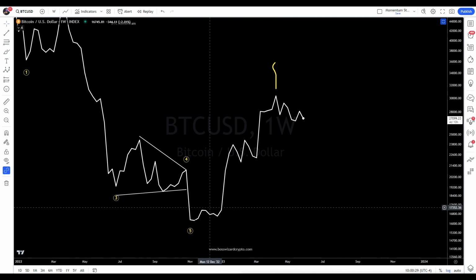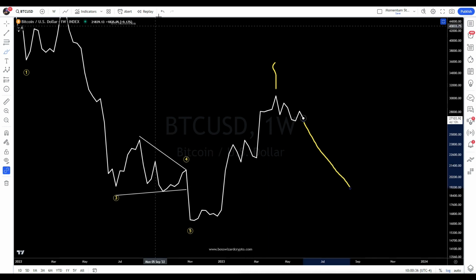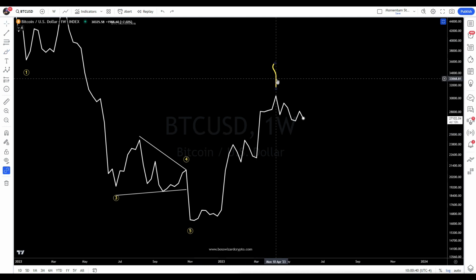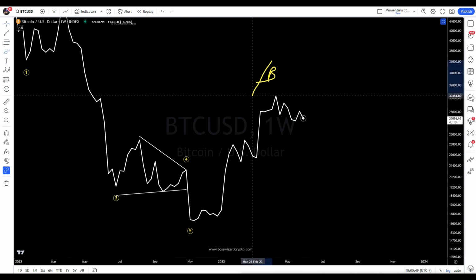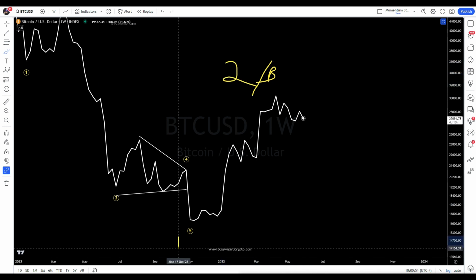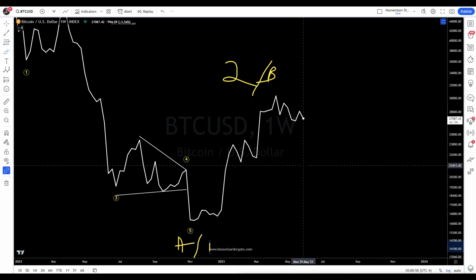So your options are either this whole thing is a 1, and you're working on your 2, or it was a zigzag, not a 1 at all, and it's just a B wave, or a 2. Let's be honest about that part too. And that this was an A or a 1, which is bad if you're a bull.